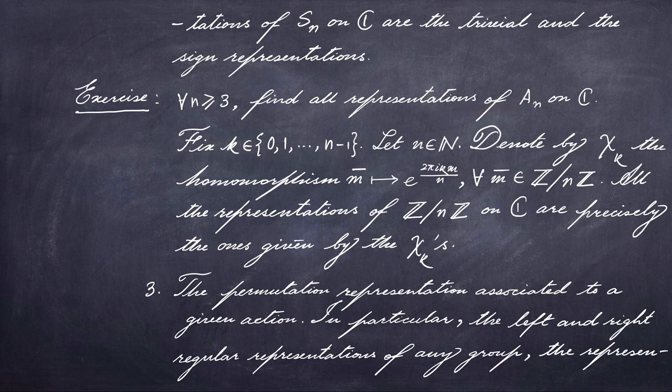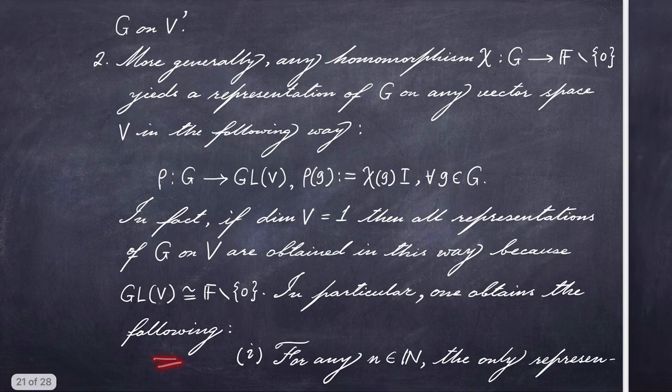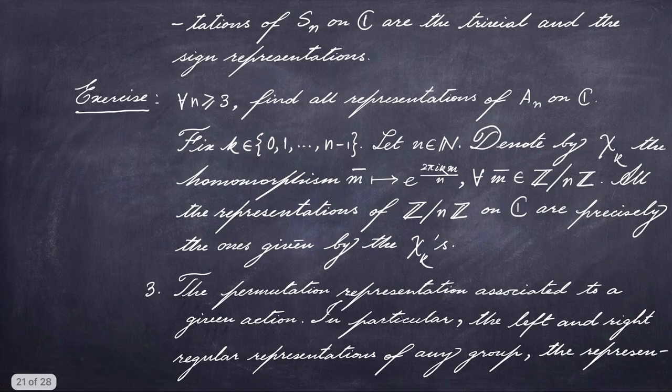Now let's move to the second one. Here the acting group is Z modulo nZ. Fix any k from 0 up to n minus 1.